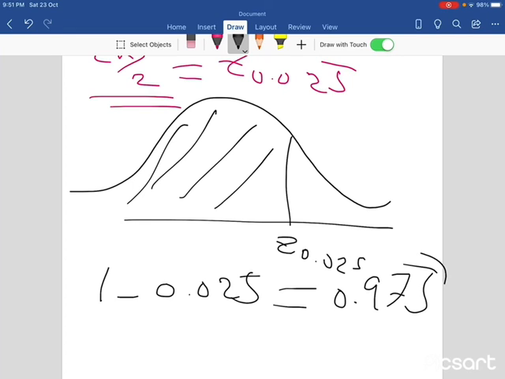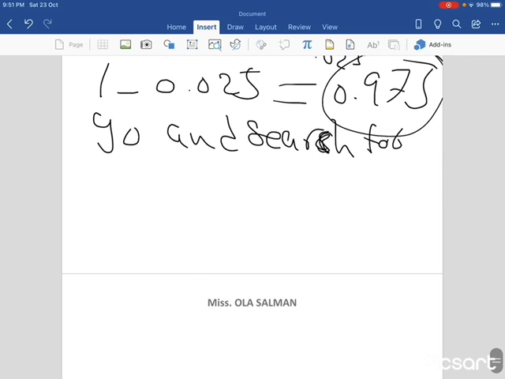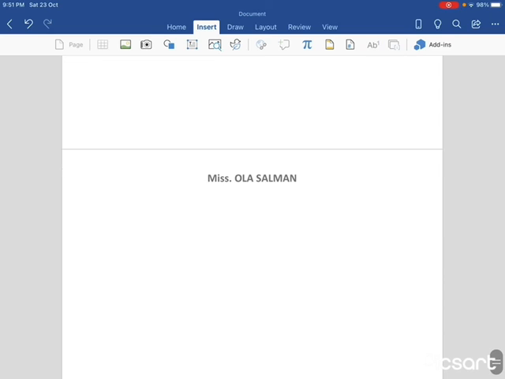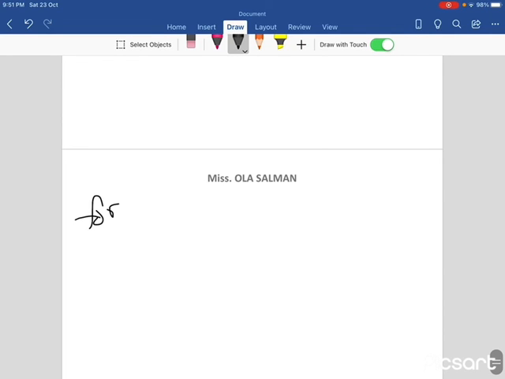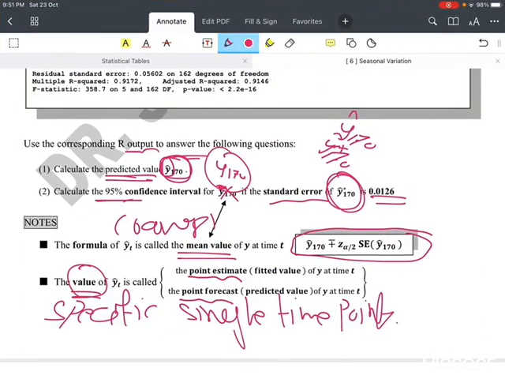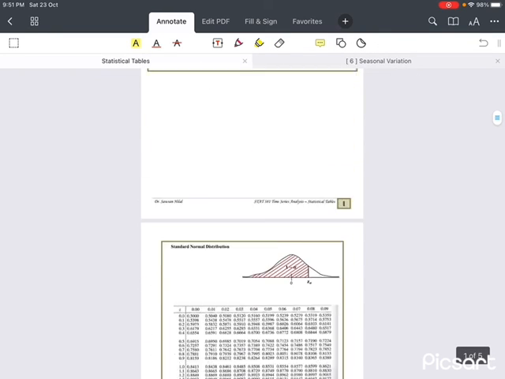Then you take this number and go search for it in the table. We will go to the Z table here.